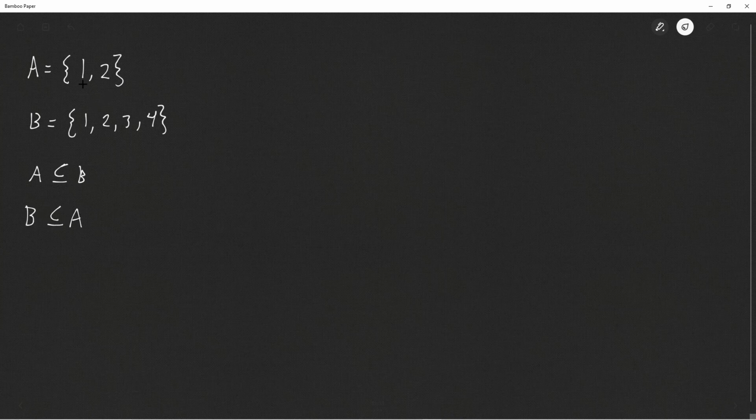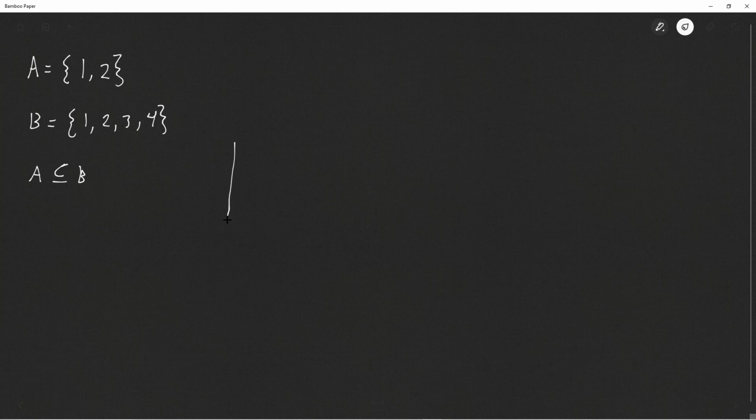If we had our A equaling 1 and 2, and our B equaling 1, 2, 3, and 4, and we want to see if A is a subset of B. What this means is A will be a subset of B if all the elements of A are in B. So we notice that A has 1 and 2, and so does B. So we could say that A is in fact a subset of B because all the elements of A are in B. However, we cannot say that B is a subset of A because even though they both share 1 and 2, B has 3 and 4, which aren't in A. So we can't say that.